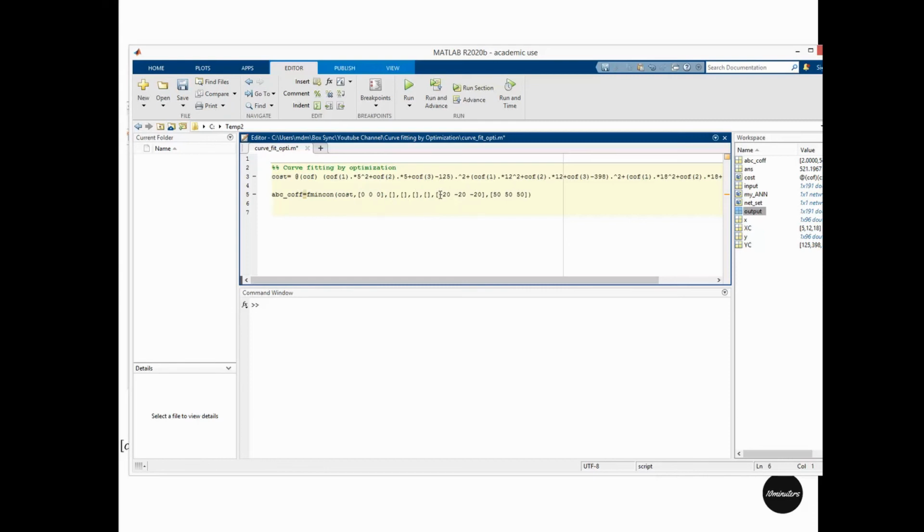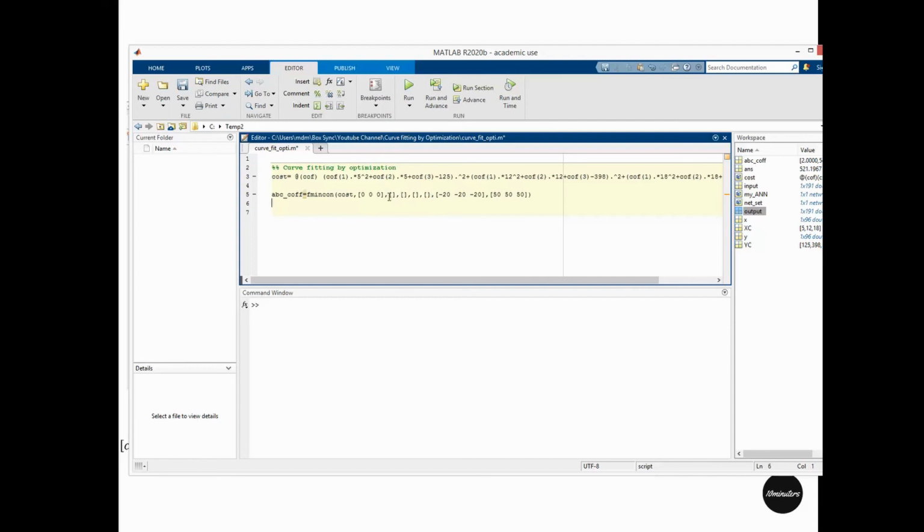And then in the range you can widen the range. If you think that the value of b could be -200, you can just put -200 here. It is not a big problem. If this range is too wide, it will probably take a bit of extra time to do the optimization. And there are 4 brackets in between your initial guess and your lower and upper limit.